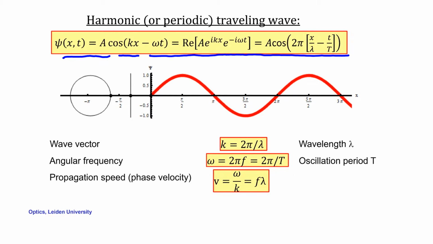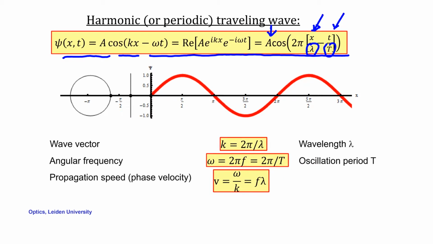Now, the way to describe this harmonic oscillator or this harmonic traveling wave, you probably still know from secondary school. And in secondary school, in the way I wrote it, you use three parameters, namely the amplitude of the wave, the wavelength lambda of the wave, and the oscillation period capital T of the wave.